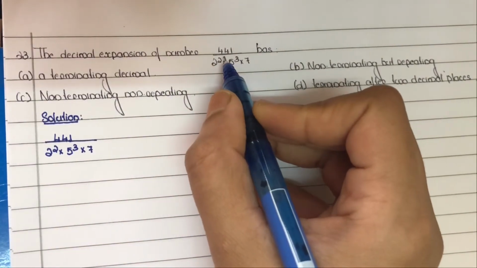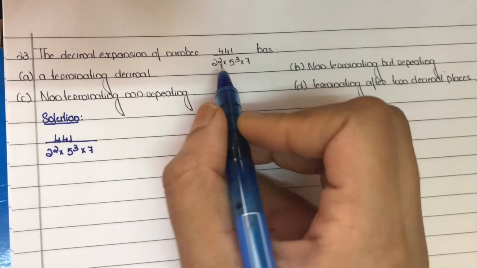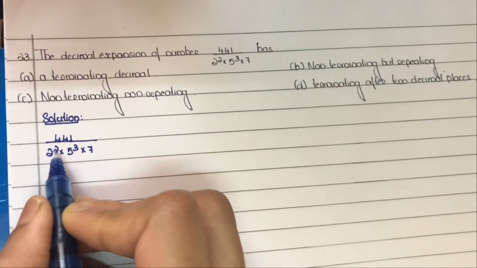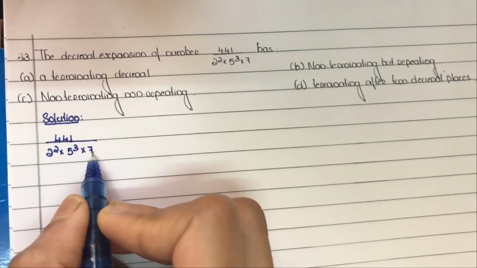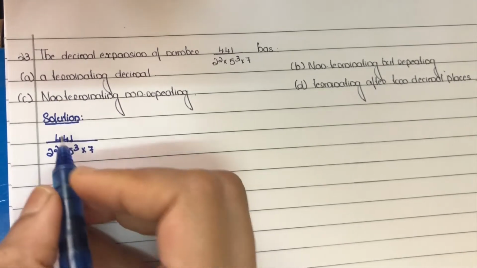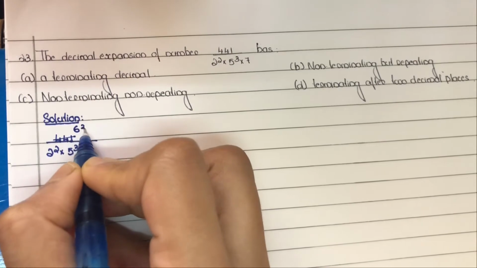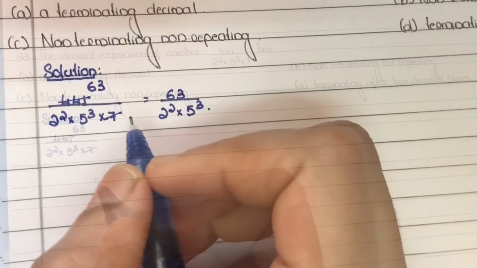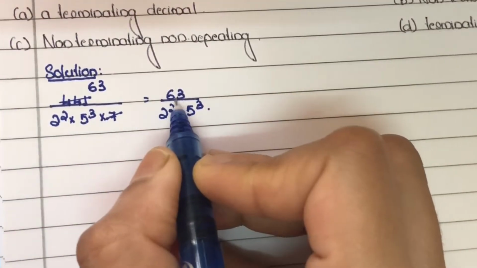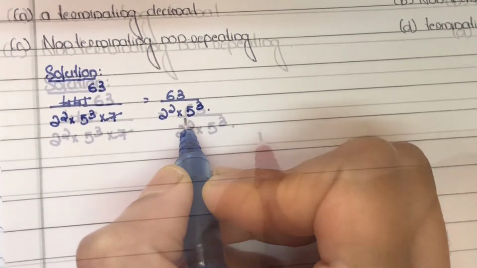First step, write this number in its simplest form. 441 is divisible by 7, so this is equal to 63 by 2 raised to 2 into 5 raised to 3.